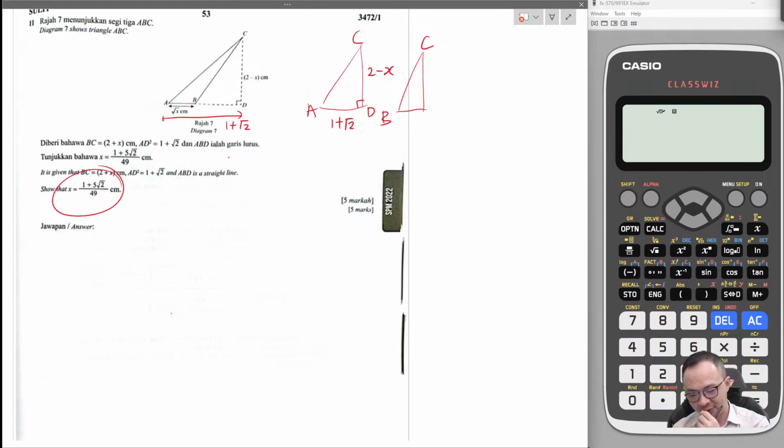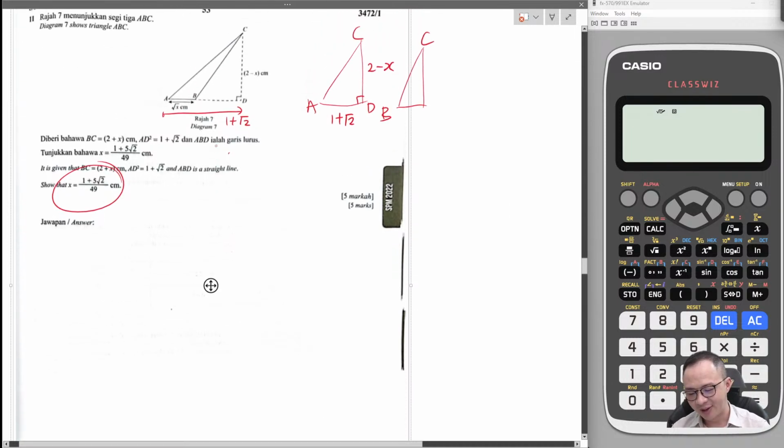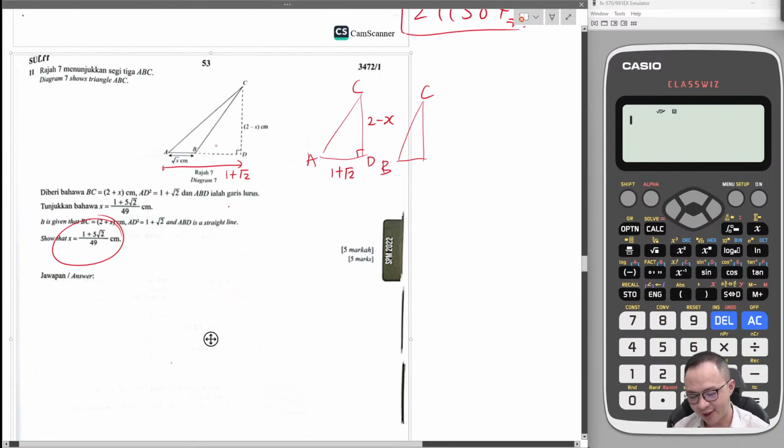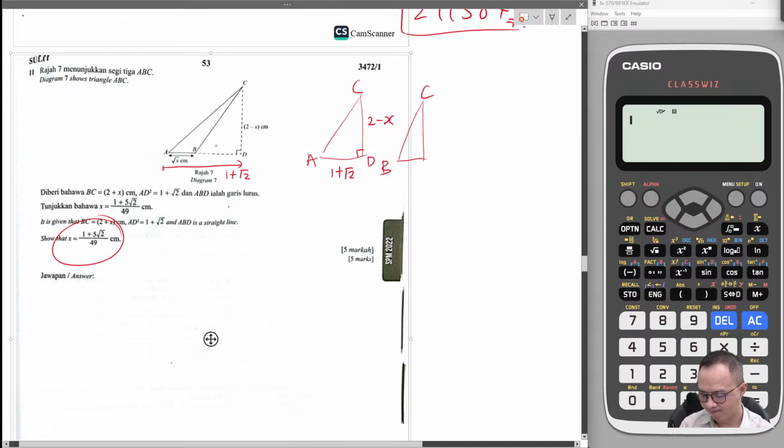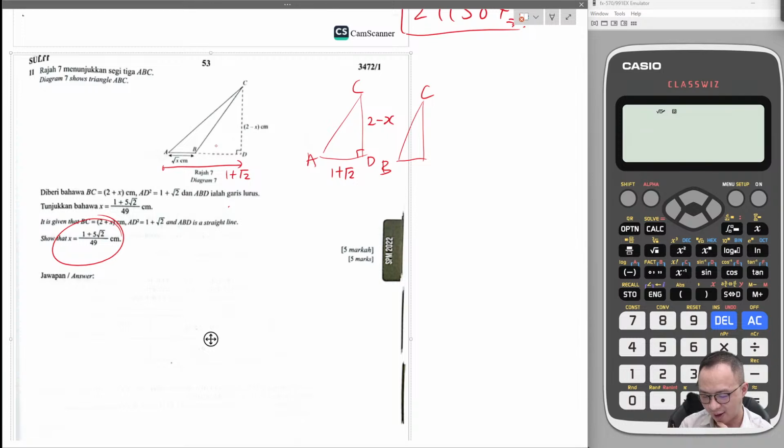Okay, is AC useful for me? Should I find AC? If I find AC, then AC is not that important, right? Because they ask us to show that x equals that length, I can subtract to get that length.